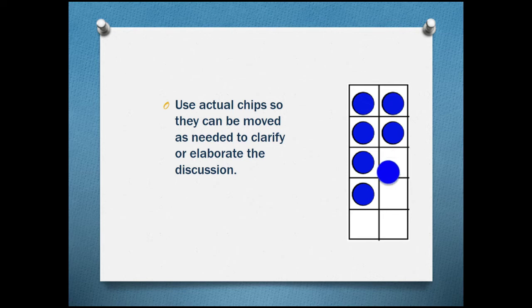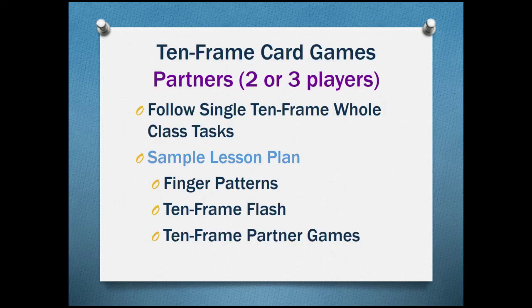If you have a chip that you could move, then if somebody said, I thought about moving that chip down there, and then it's 5 and 2, you would be able to do that with chips. So this is a summary of the 10-frame flashing, which we assume you will use probably for up to 2 weeks, maybe a little bit longer.